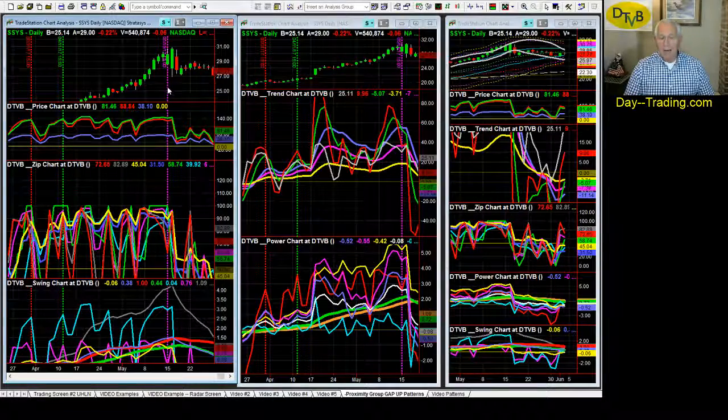It went up above the previous close of yesterday, and then it settled in just under the previous close. But Zip Pink still remained down like all the others: red, gray, blue, and yellow.